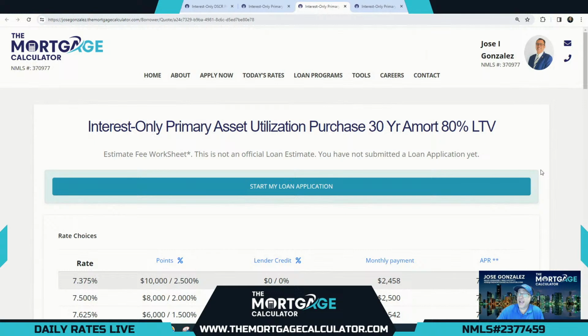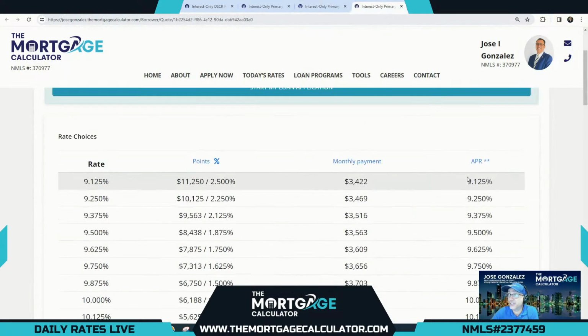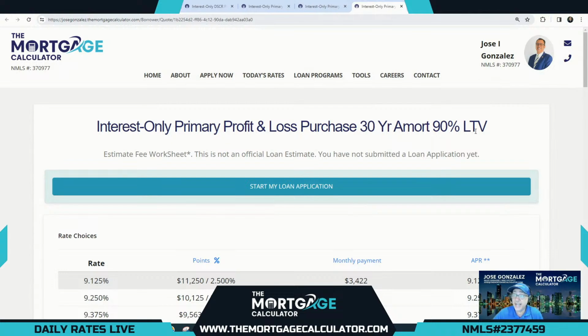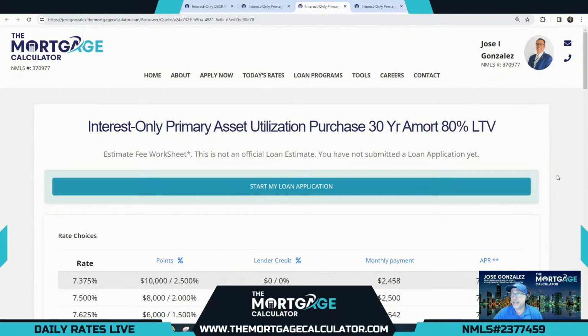And now for our asset utilization option. Now, you will note the other options did allow you to go up to a 90% max LTV, as you can see right here, 90% LTV. Never any mortgage insurance charged on any non-QM loan when you are above 80% LTV. But in this case, asset utilization is not as deeply embraced a product as bank statements, for example.